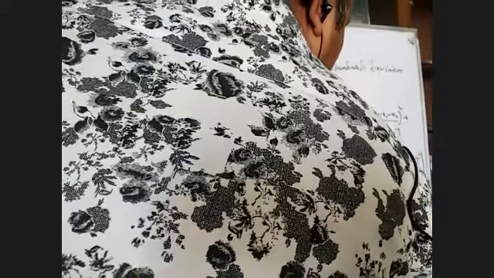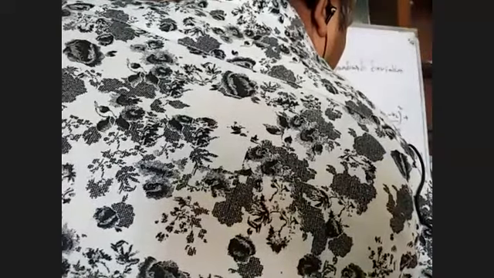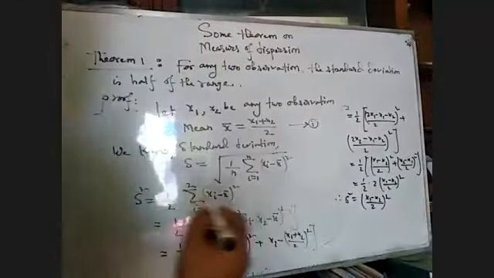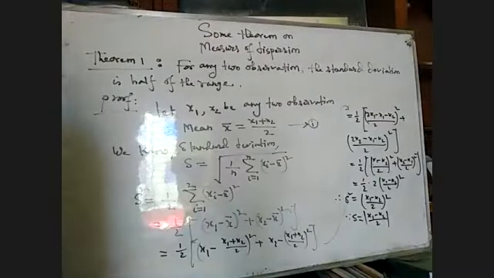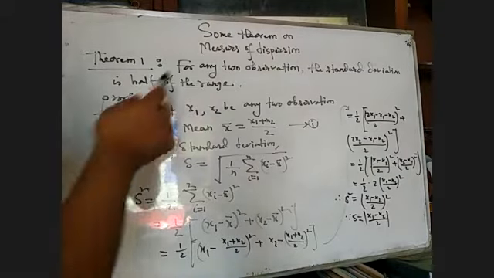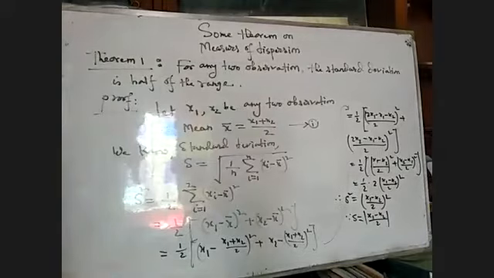That means half into 2 into x1 minus x2 whole square. So s square equals to this one. So s can be written as the absolute value of x1 minus x2 divided by 2. That means half of the range. For any two observations, the standard deviation is half of the range. Okay.